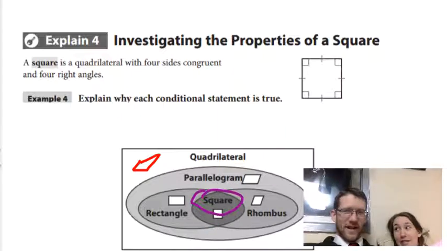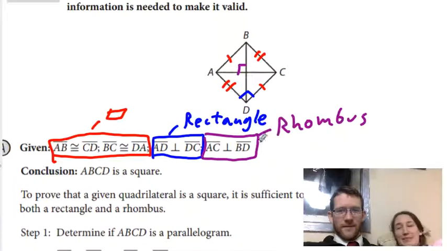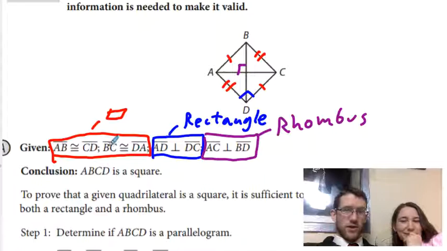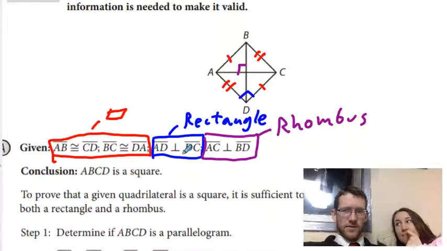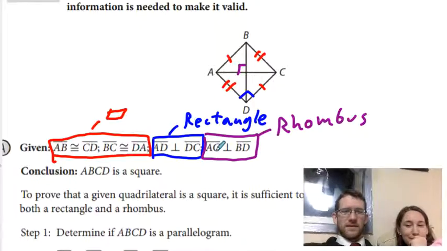It's a square. So this information tells us it's a parallelogram. This, in conjunction with the fact that it's a parallelogram, tells us it's a rectangle. This, in conjunction with the fact that it's a parallelogram, tells us it's a rhombus. And then the fact that it's a rectangle and a rhombus tells us it's a square.